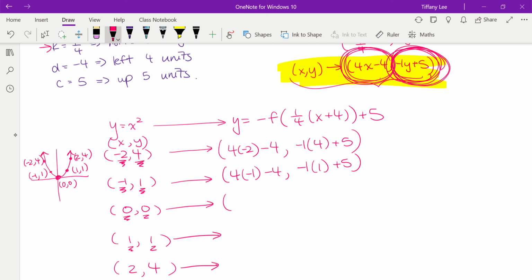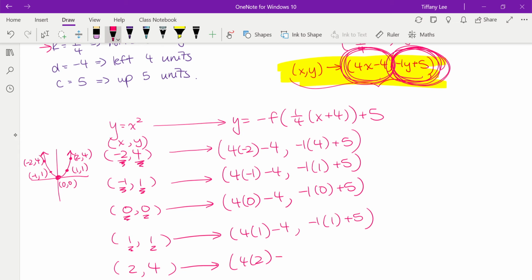Keep going, so 4 times 0, negative 1 times y, our y here is 0. This one, 4 times x, which is 1, minus 4, negative 1 times y, which is 1, plus 5. 4 times 2, minus 4, and then negative 1 times 4 plus 5.